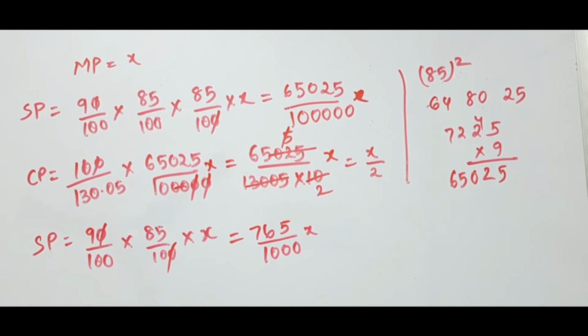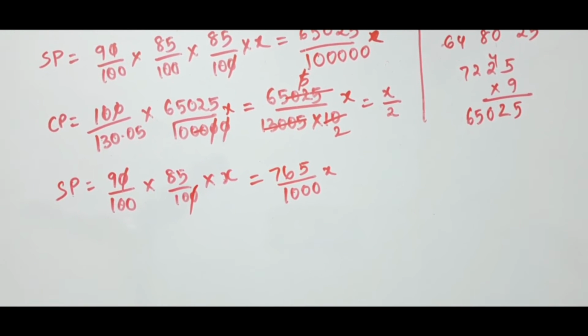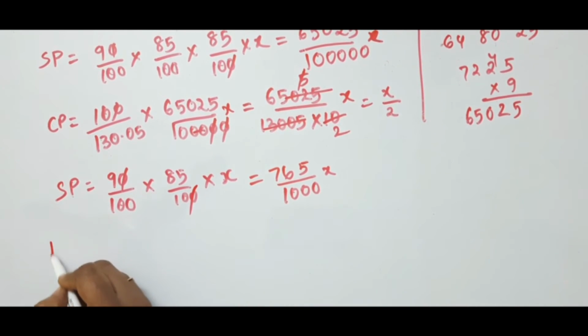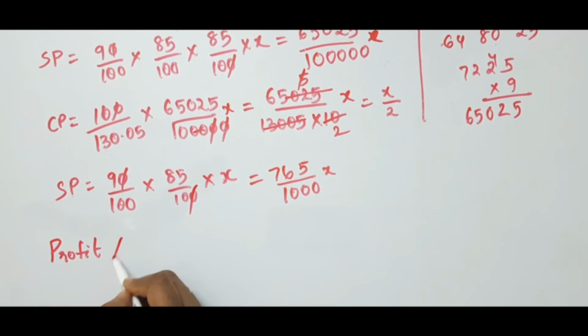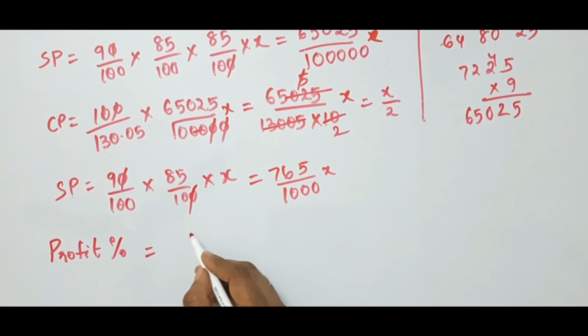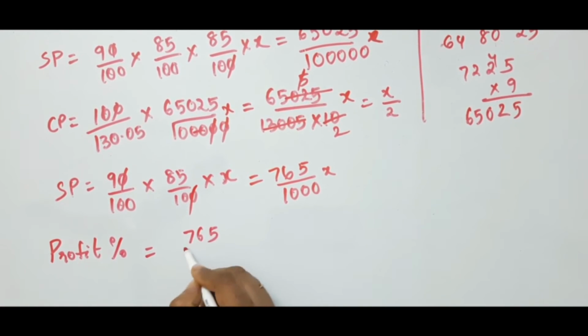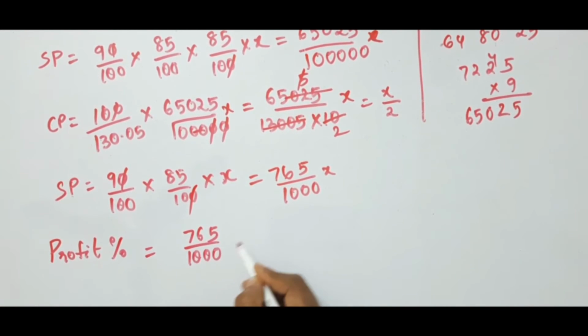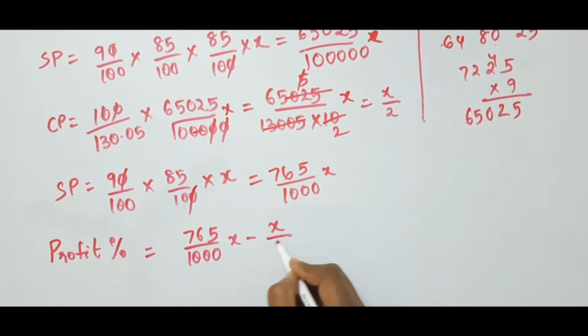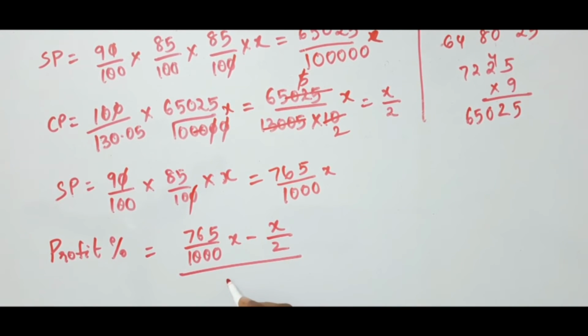Now he has to find the profit percentage. So to get the profit percentage, you have to find the profit. Is it not? Profit percentage is equal to selling price minus cost price by cost price into 100. That is 765 by 1000 into X minus X by 2 whole divided by cost price, that is X by 2 into 100.